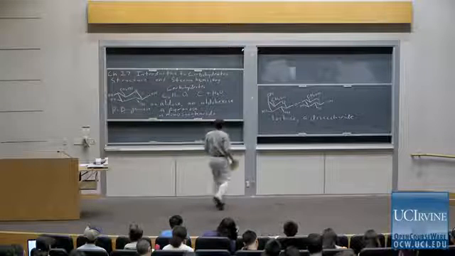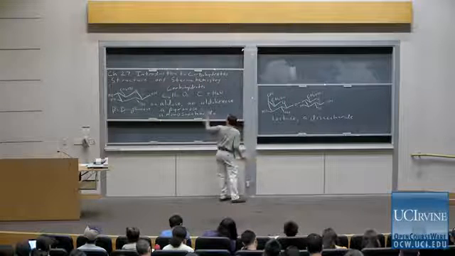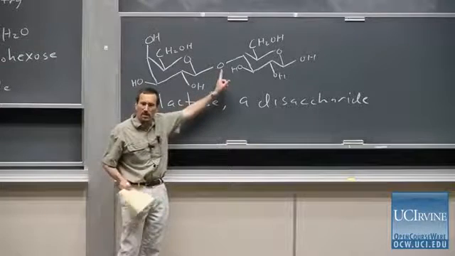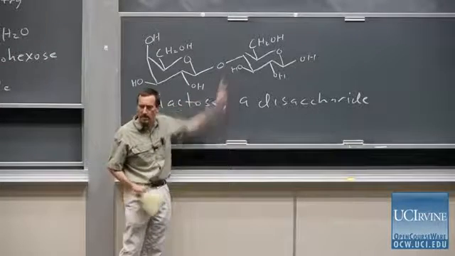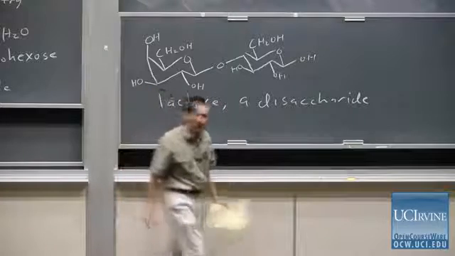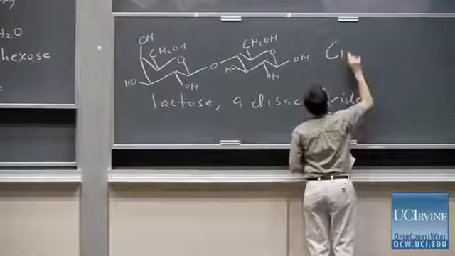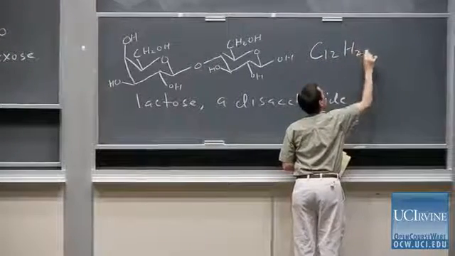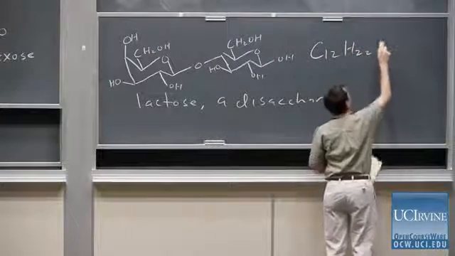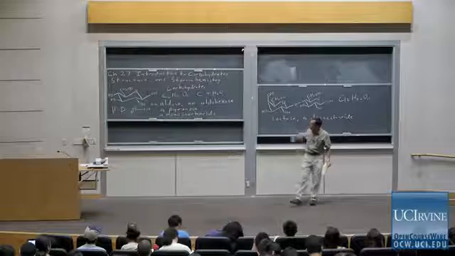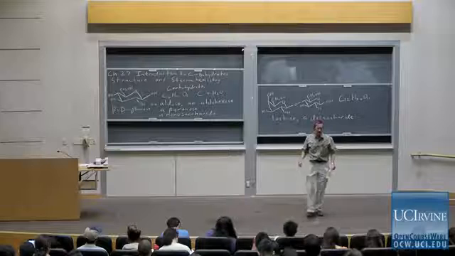Now, you might look and say, well, it's a little different looking than glucose. I mean, we've basically formally removed one water molecule. So if you write out the molecular formula of lactose, it's C12H22O11.